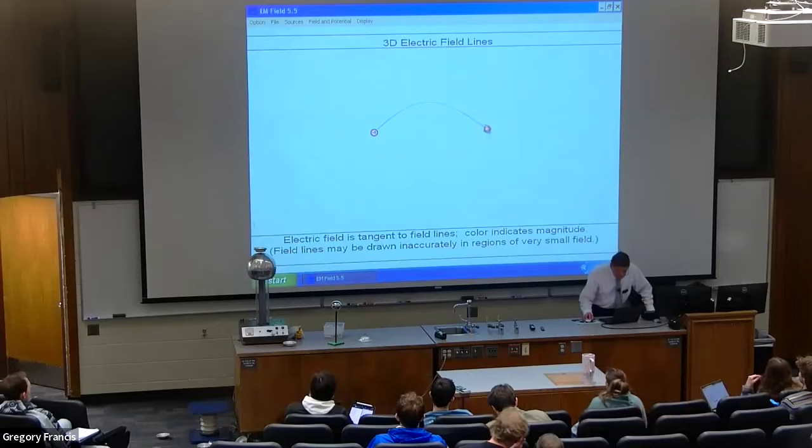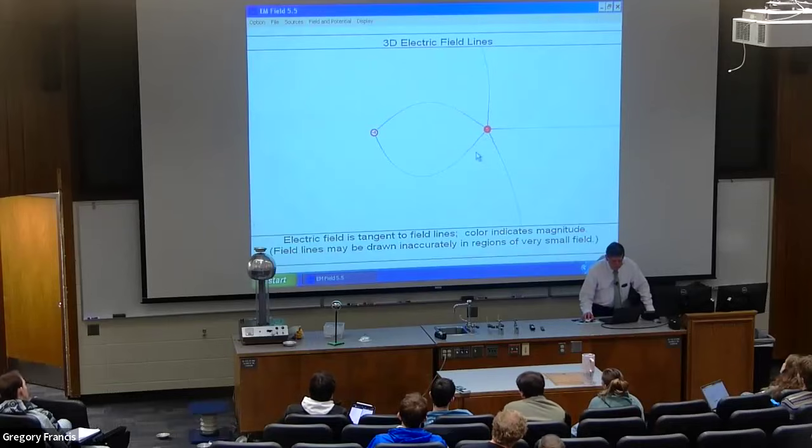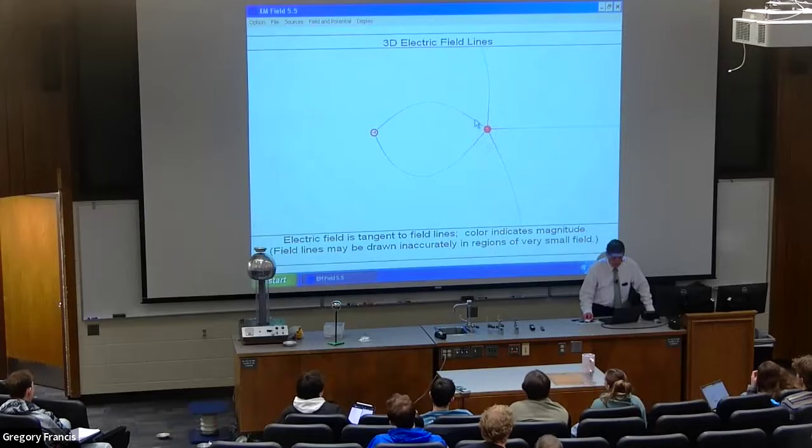Now, I'm going to make 5 field lines that are, I tried to make them evenly spaced around this +5, because I know that near the +5, I've got to have symmetry.